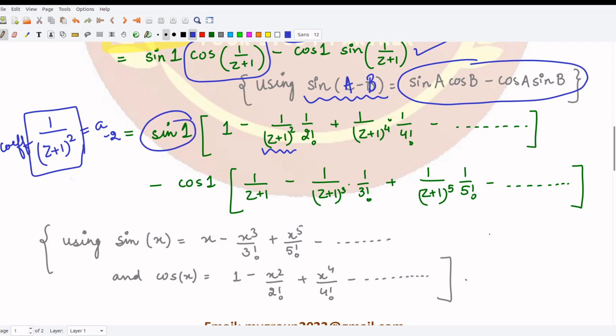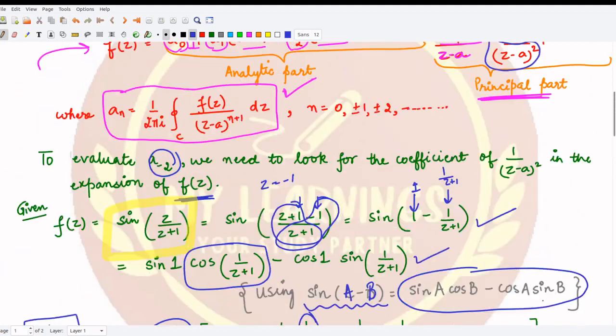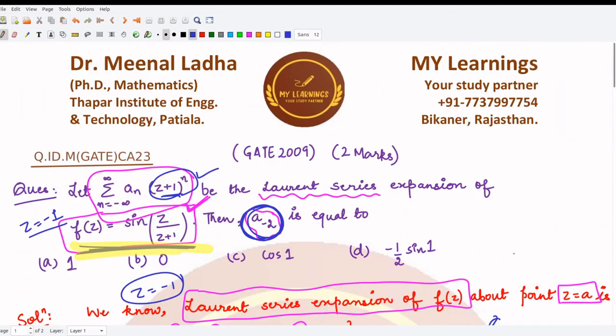It is sin of 1, which is a constant term, and with a negative sign because we have a negative sign here, and this term together with this, 1 upon 2 factorial, which is actually 1 by 2. So this forms your answer. So from here we can clearly see that option D is your correct answer.